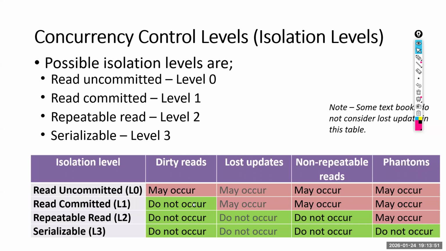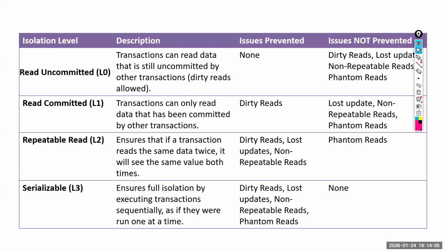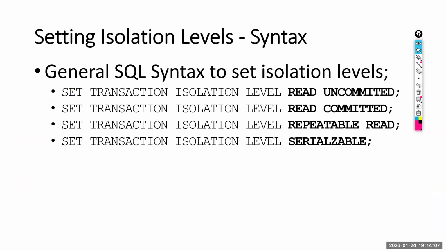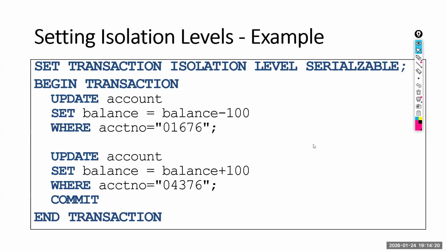But no dirty reads. Read uncommitted means anything can happen. Any of these issues can happen. So that means that is the weakest. Serializable is the highest. Okay. So you can set the isolation level before you start your transaction. Usually by default you set it to serializable. Okay.